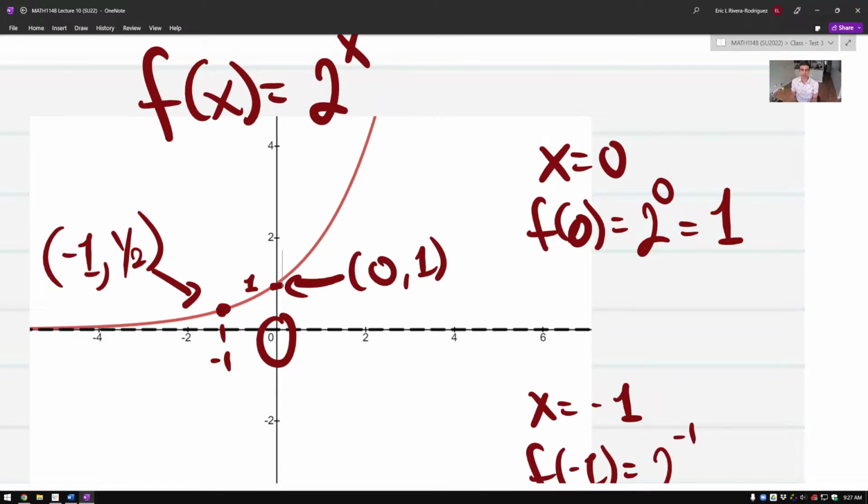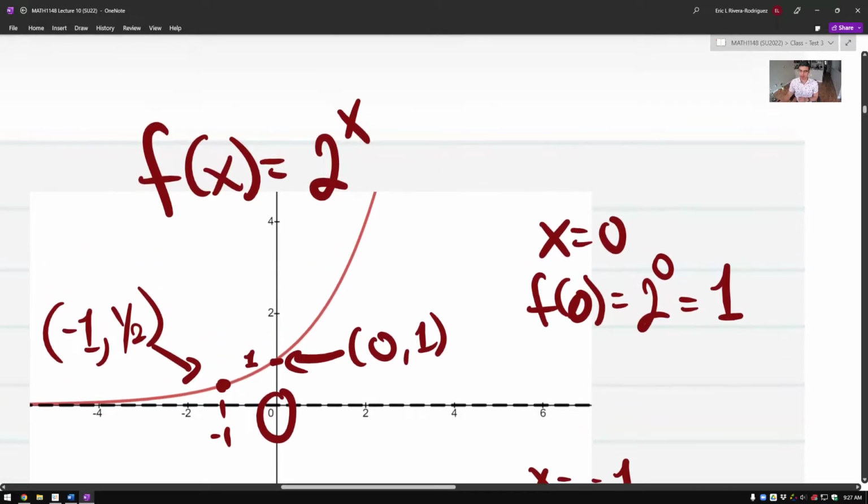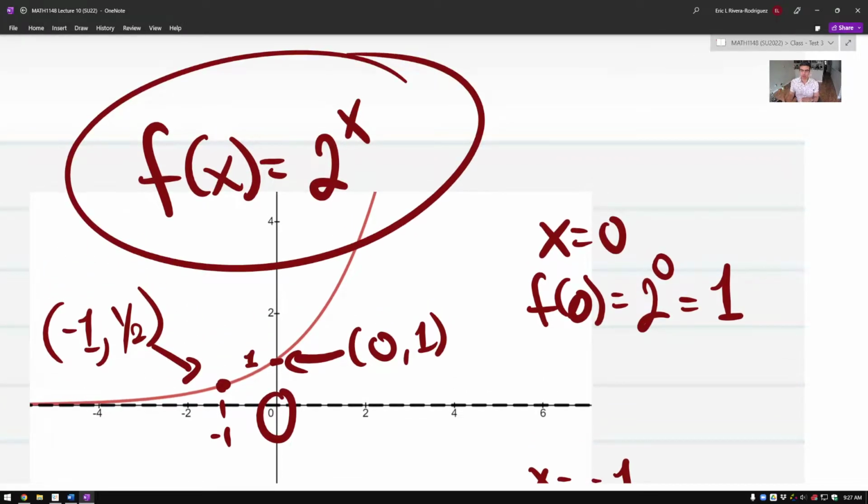It could be anything there. No, I think you are getting it. Because my initial question is, can you think of any x value that returns a negative value of this function?